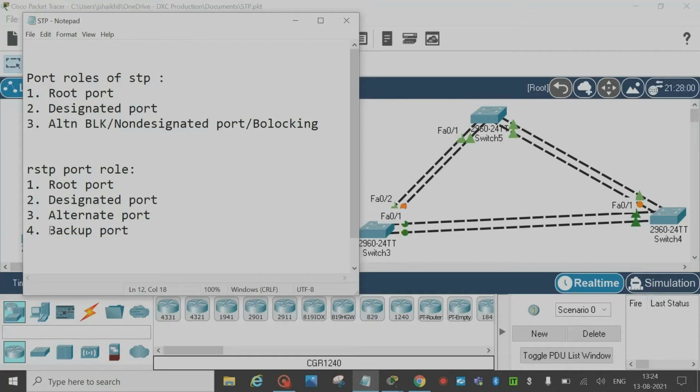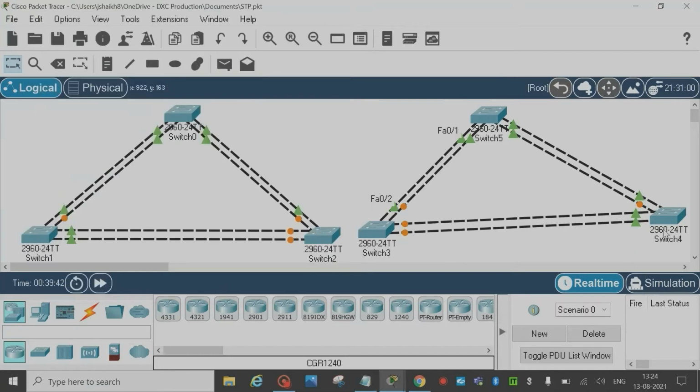Now backup port. The backup port is the backup for the designated port. So for a designated port here, maybe this one is the backup port, because if the designated port goes down, the backup will come up.